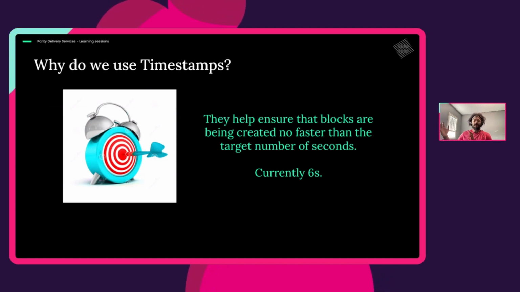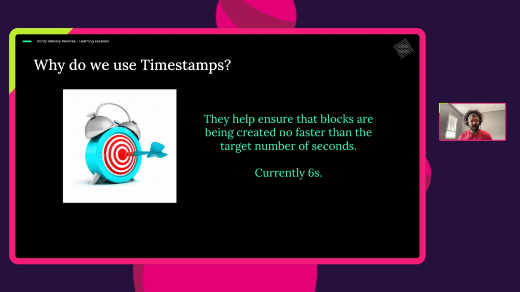And we also want to make sure that we're aiming for 6 seconds and not too much longer. There's a whole rabbit hole you can go down with how this is achieved, but that might take us away from the topic of the day. But yeah, timestamps. We aim for 6 seconds here.